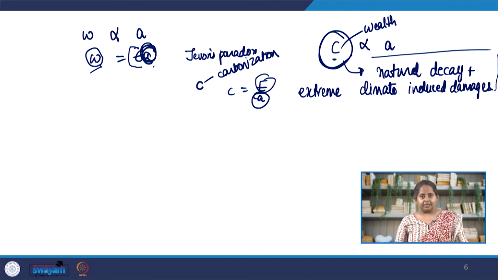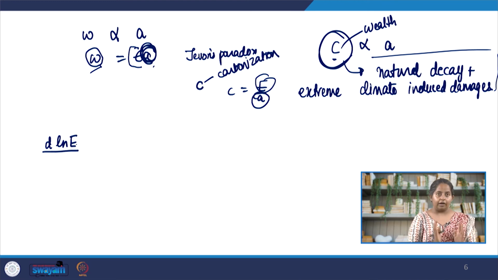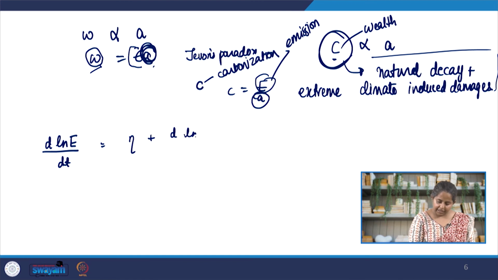And now the question is, is it going to impact our global wealth production? So for that, what we found out in this model is that the rate at which the natural log of emissions, capital E is emission by the way, the rate at which emissions will change over time is equal to the return factor and the rate at which the carbonization changes over time.